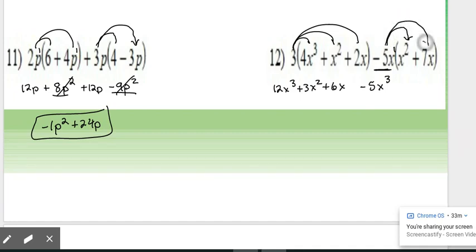Negative 5x times 7x would be negative 35x squared. And then we can combine our like terms. The x to the thirds, 12 plus negative 5 is 7. The x squareds, 3 plus negative 35 is negative 32. And then drop it like it's hot.